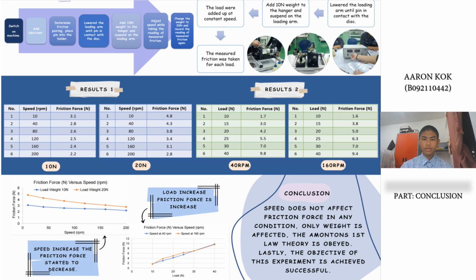At 40 Newton load weight, the friction force gives the same result in both RPM comparisons. It can be concluded for both experiments that speed does not affect friction force in any condition. Only weight affects it. The Coulomb law theory holds. Lastly, the objective of this experiment is achieved successfully.